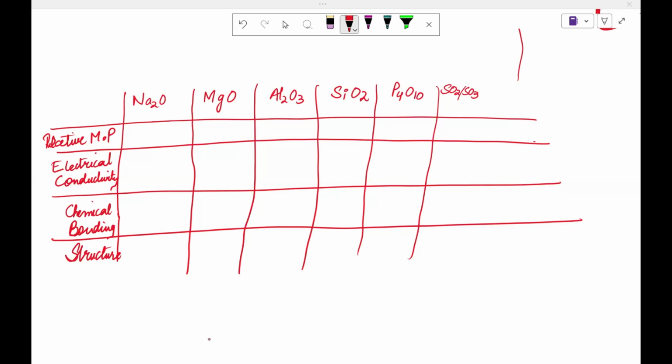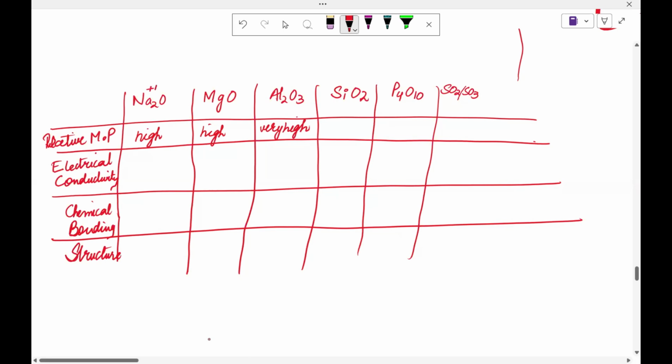If we discuss relative melting point, sodium oxide, as it is a metallic oxide, would be high. Magnesium oxide is also metallic, so it would be high as well. Al2O3 is metallic, so it is very high. Why is their melting point increasing? Because of the charge.